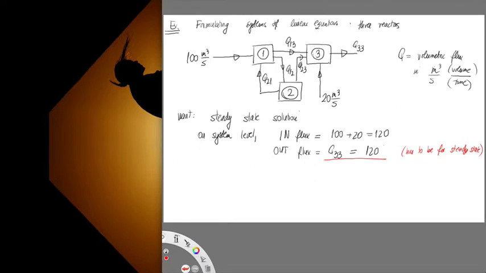Now I also have to ensure that the same is happening in every reactor. Okay? So I want the same mass balance in every reactor.